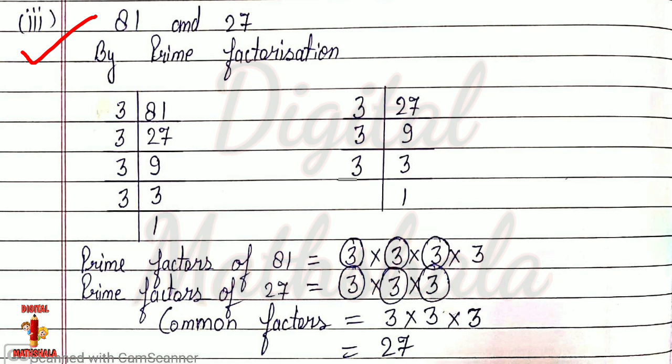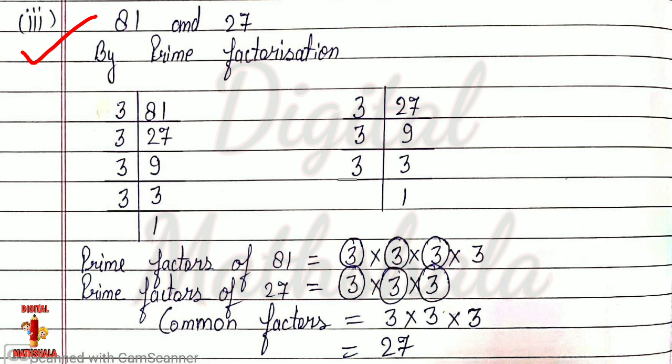Here you can see that 3 times 3 times 3 is in both the numbers' factors, so we can take it as common. So we have common factors 3 into 3 into 3. When we multiply these, we will get 27.